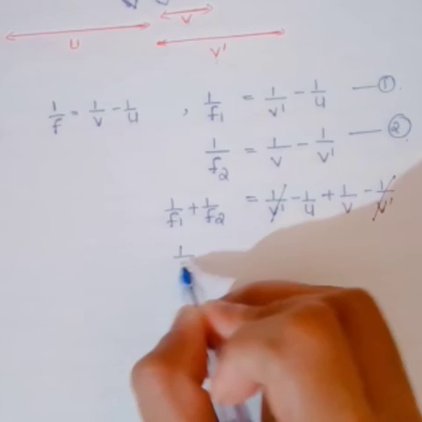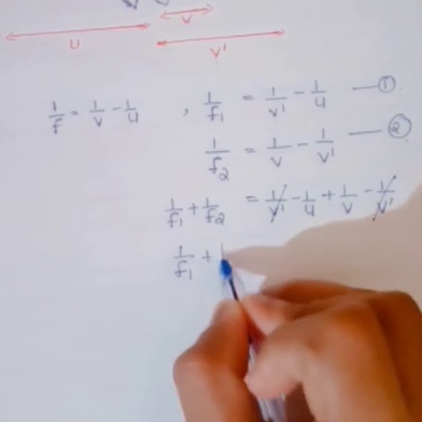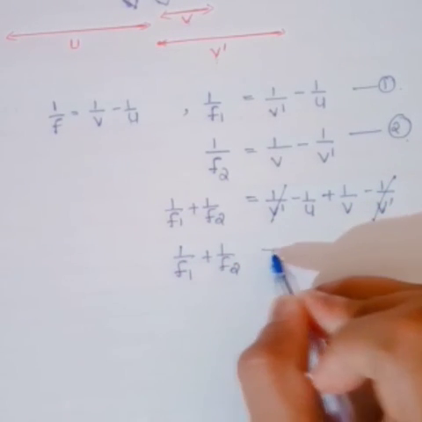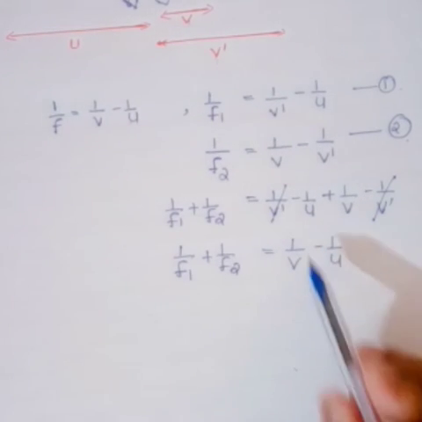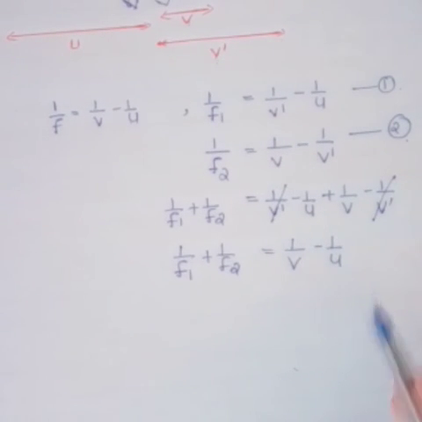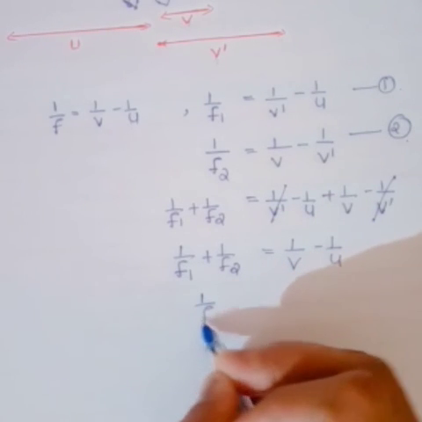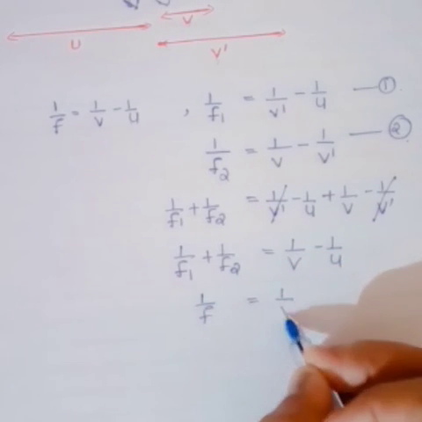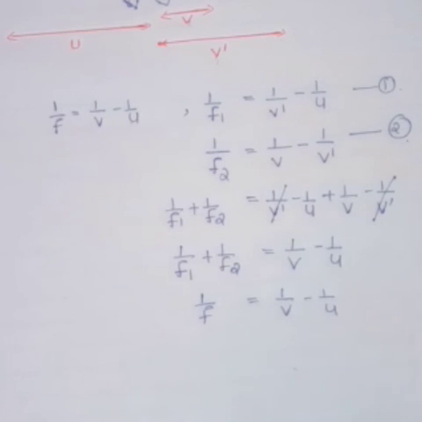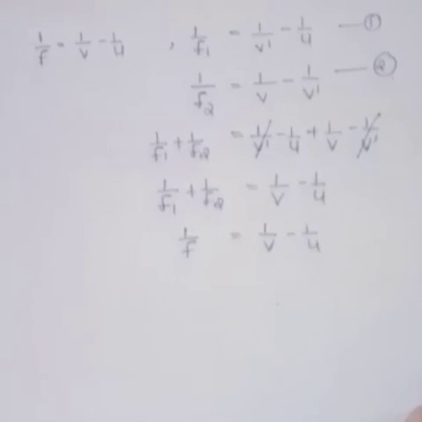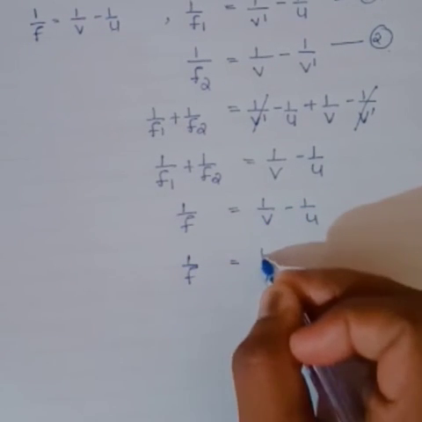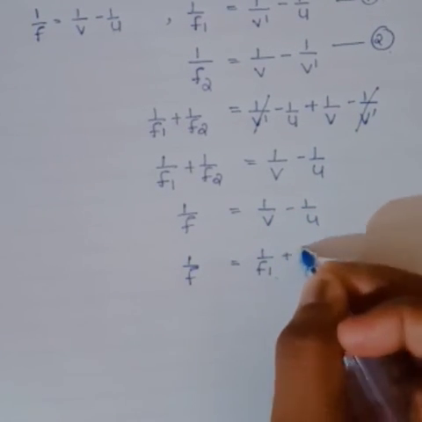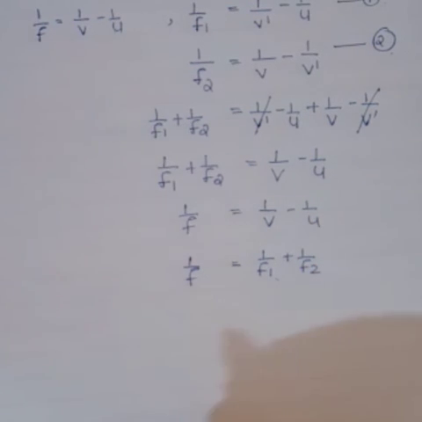Then 1 by f1 plus 1 by f2 is equal to 1 by V minus 1 by U, which is 1 by f. So 1 by f is equal to 1 by f1 plus 1 by f2.